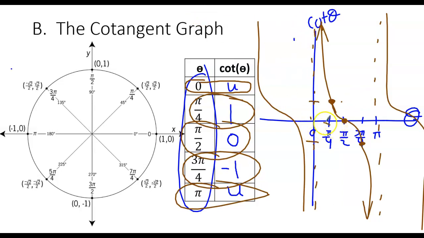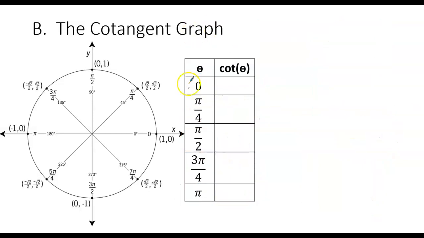Another difference about cotangent is the different angles. Now, something that's a little bit easier to see is that cotangent and tangent both go up by 45s. So like this is 0, this is 45 degrees, this is 90 degrees, this is 135. So both tangent and cotangent are spaced, their angles are spaced apart by 45 degrees if you look at it in degrees.